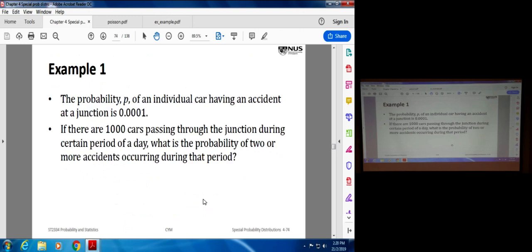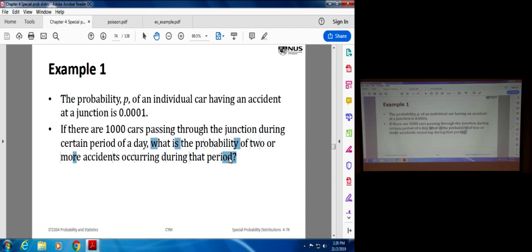So let's have a look at a couple of examples. Example number 1: the probability p of an individual car having an accident is 0.0001, quite small. Now you have 1,000 cars passing through a junction during a certain period of the day, and we're asked: what's the probability of 2 or more accidents during that period?